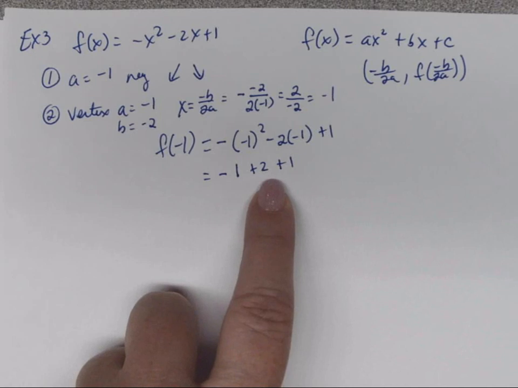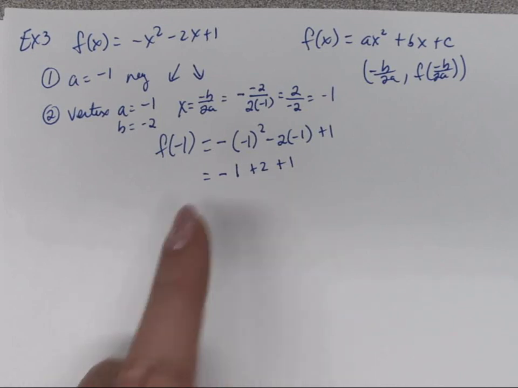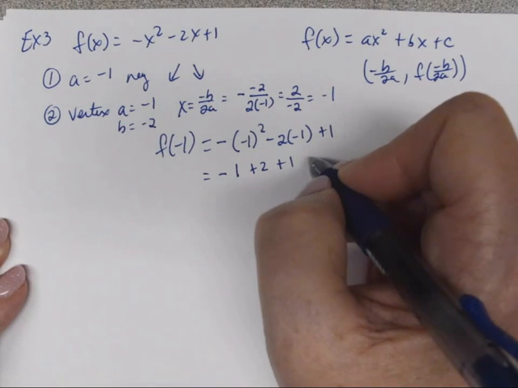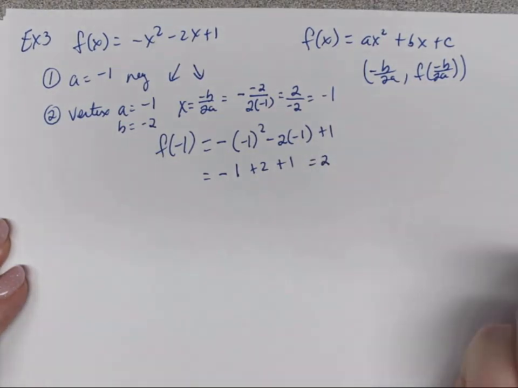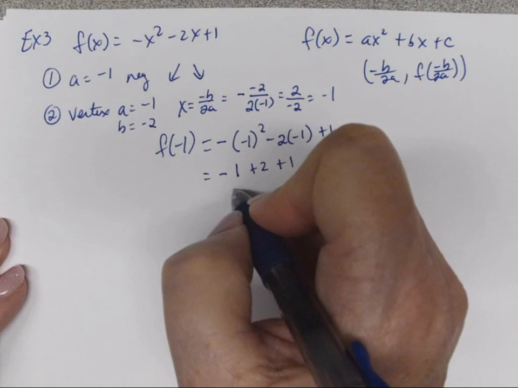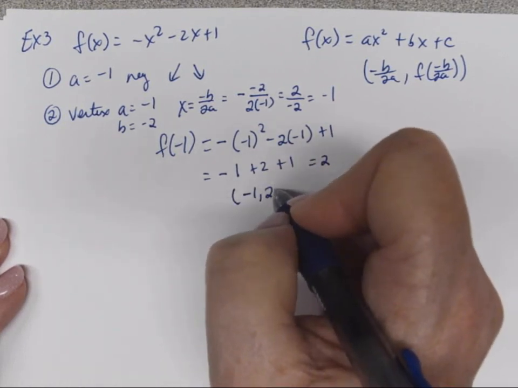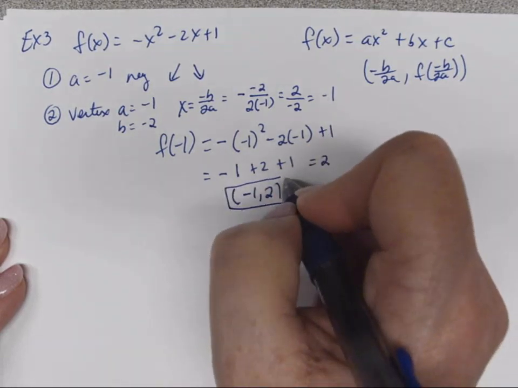Well, this will end up being 2 plus 1 is 3. 3 minus 1, well, 3 minus 1 will get us 2. So our vertex is going to be -1, 2.